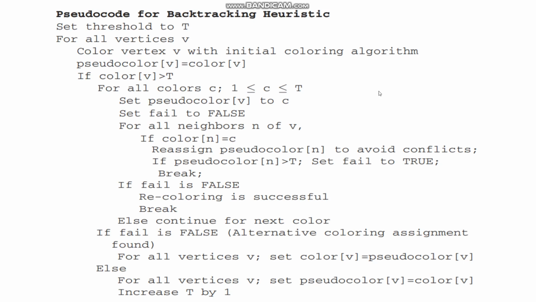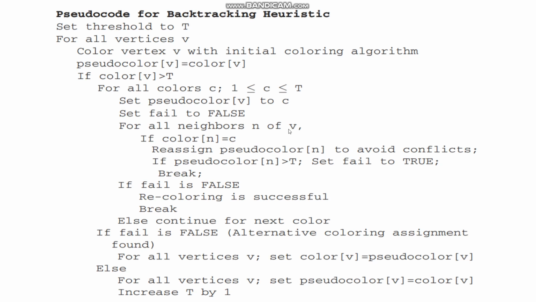But this heuristic will try to see whether we can reassign the different colors, those different 5 colors, in some other way, such that this particular vertex can also be assigned some color from those 5 color set, so that our upper bound need not be moved by 1 more.